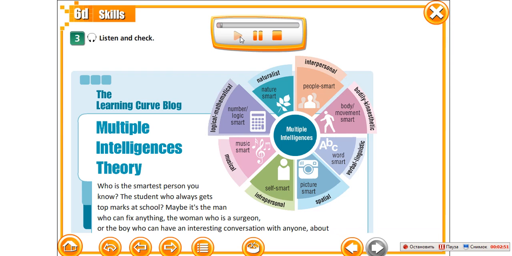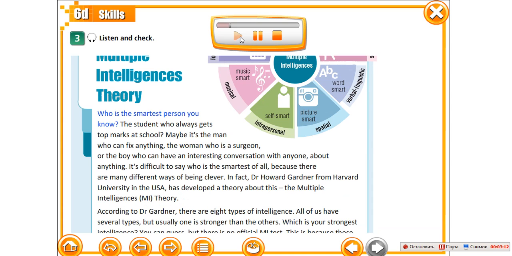The Learning Curve blog. Multiple intelligences theory. Who is the smartest person you know?